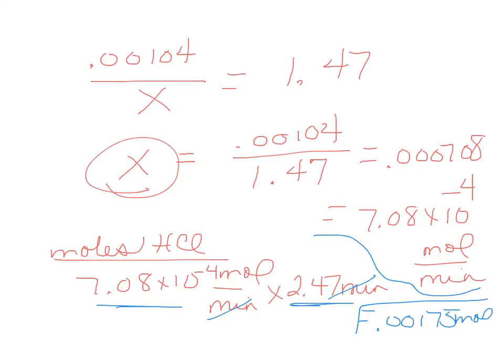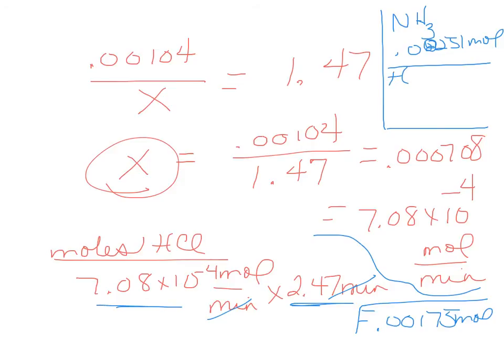All right? Let's see if that makes sense. We had ammonia, and the problem told us that 0.00251 moles of ammonia effused in a certain amount of time, and they asked us to calculate how many moles of HCl would diffuse in the same amount of time. The answer we've come up with is 0.00175 moles of HCl. So let's look and make sure these answers make sense.